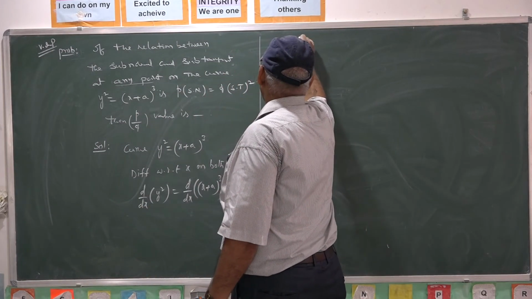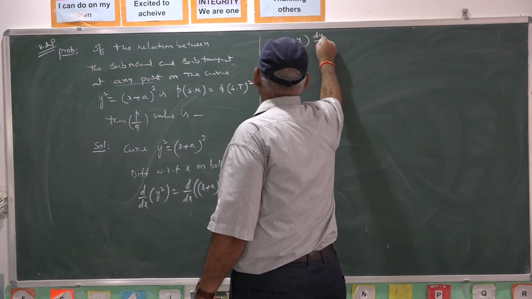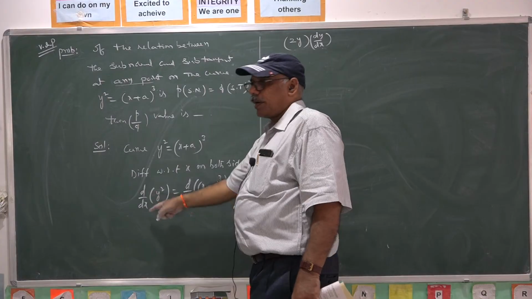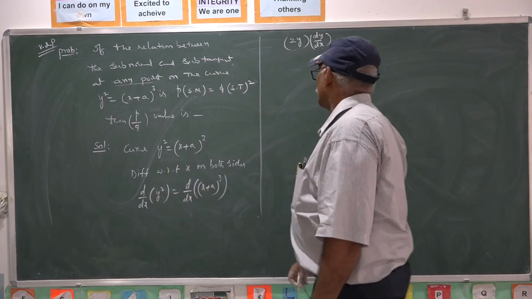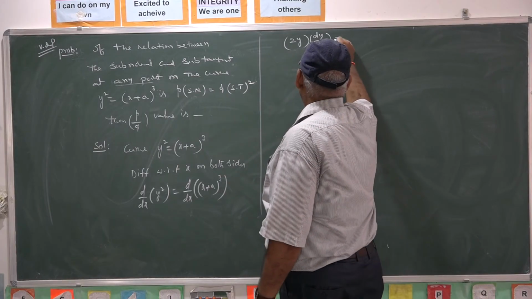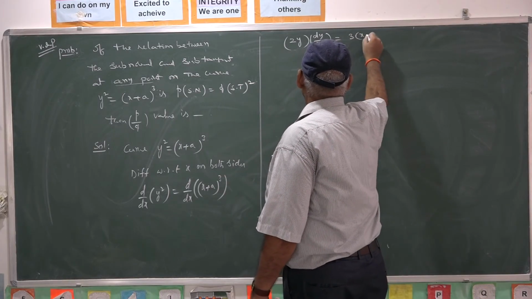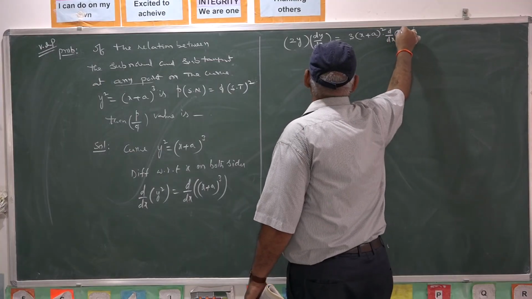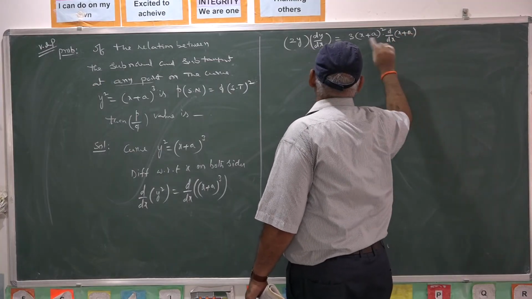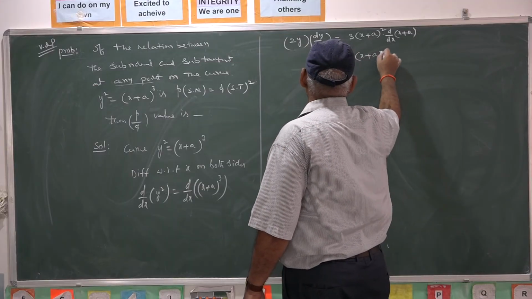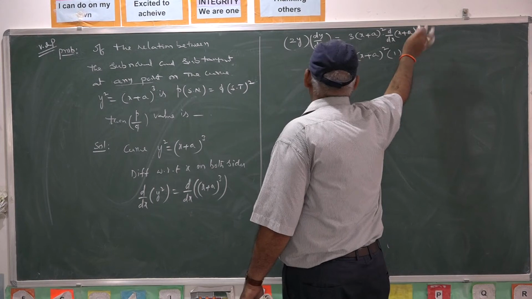So, that is 2y dy by dx, because the function y square is in terms of y, whereas we are taking with respect to x. 2y dy by dx equal to, this is completely a function of x. So, for the cubic function we get 3 into x plus a whole square into derivative of x plus a, by function of function rule or chain rule, that is 3 into x plus a whole square into 1, for a it is 0.